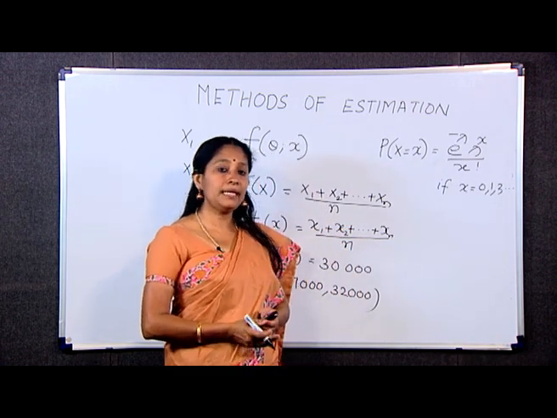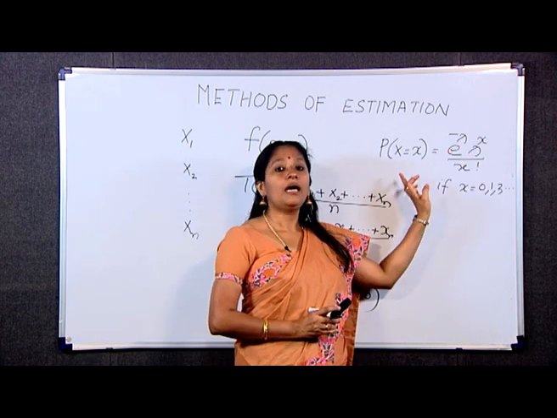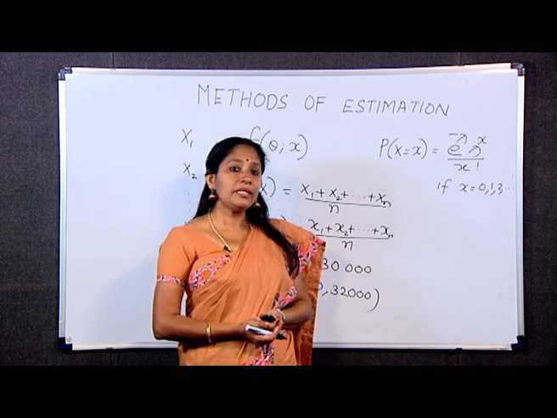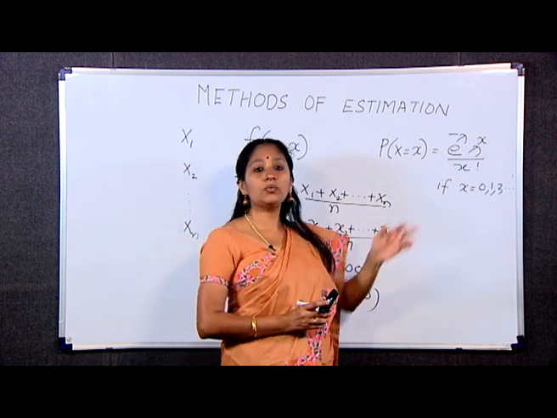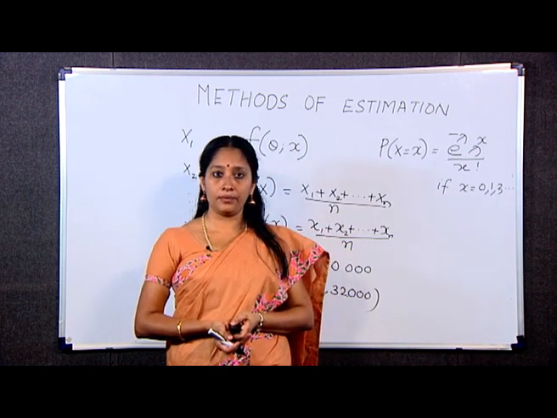And also you know that for the Poisson distribution, mean is equal to lambda and variance is also equal to lambda. So, we have to estimate this unknown quantity lambda based on the sample values.